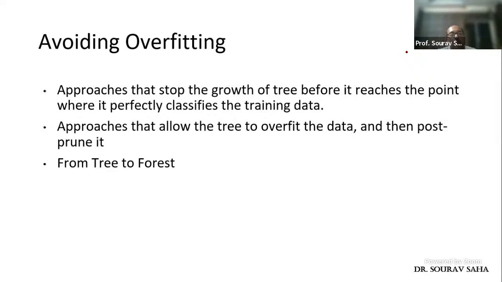Even if those are small trees, just because you are using different feature subsets, you'll get different kinds of trees. You're using different subsets of the data, you'll get different trees. And based on that, a forest will be created, right?